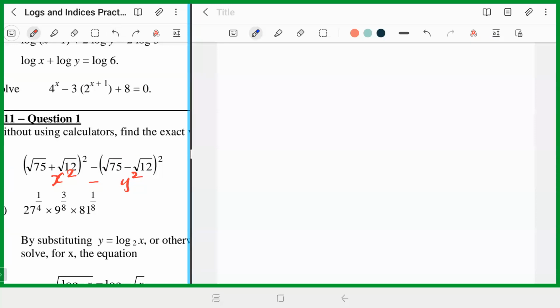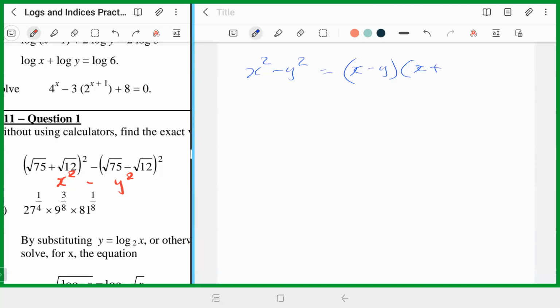Difference of two squares. So what does x squared minus y squared equal to? It equals x minus y times x plus y.